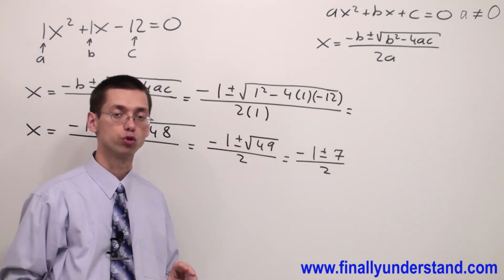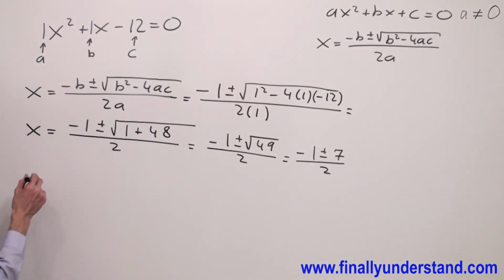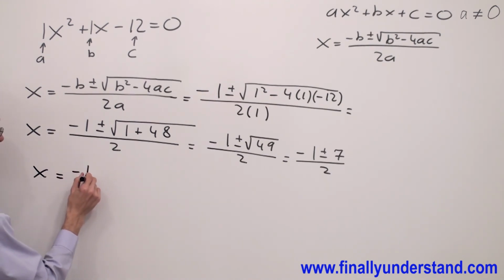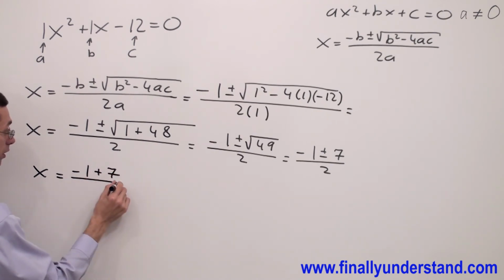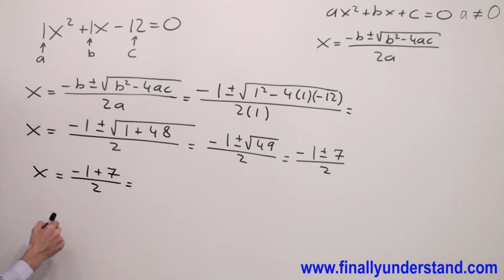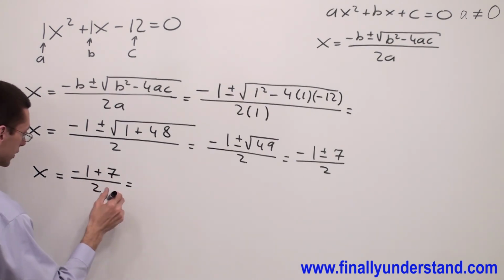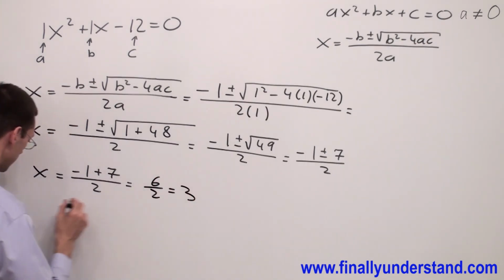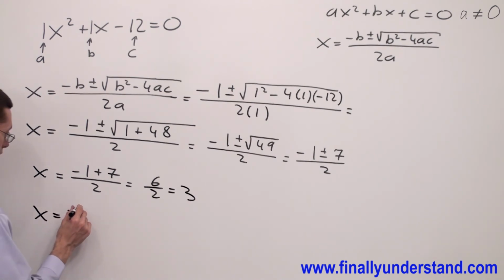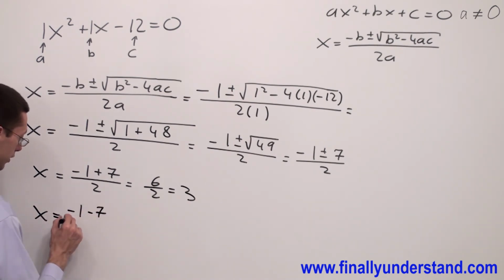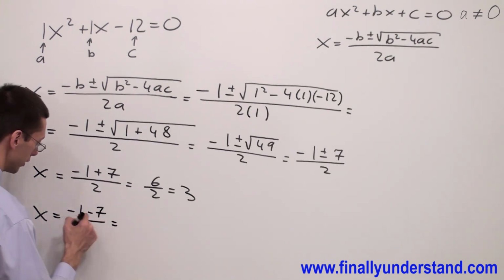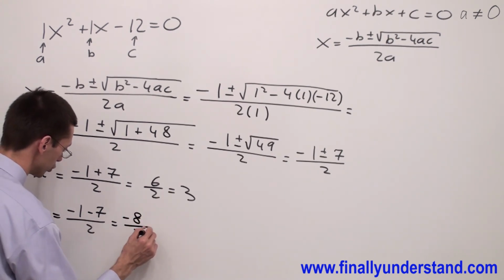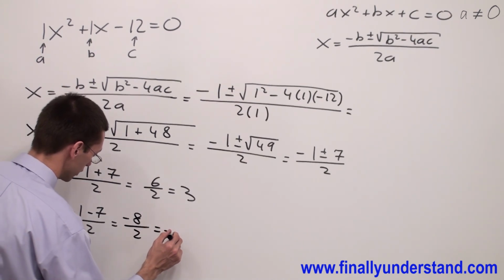It means that we are going to have two solutions, and these two solutions are x equals negative 1 plus 7 over 2, which is 6 over 2, which is equal to 3, and x equals negative 1 minus 7 over 2, which is negative 8 over 2, which is equal to negative 4.